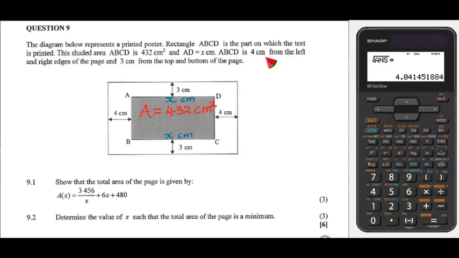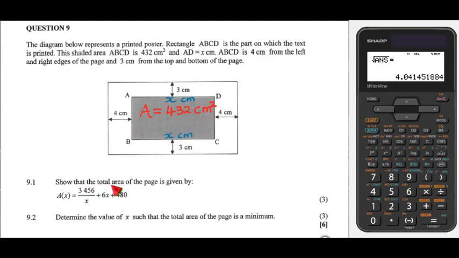So they're talking about that 4 centimeters, from that black line outside to here. I was kind of perplexed a little bit. And then 3 centimeters, this one from top to bottom. Those numbers are already there, so there's no problem with that.